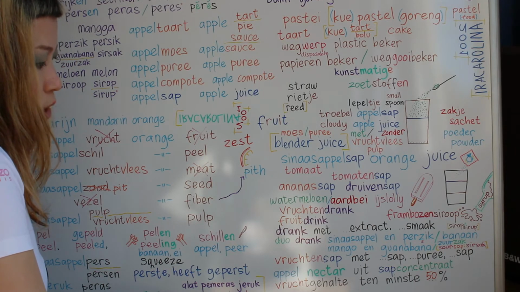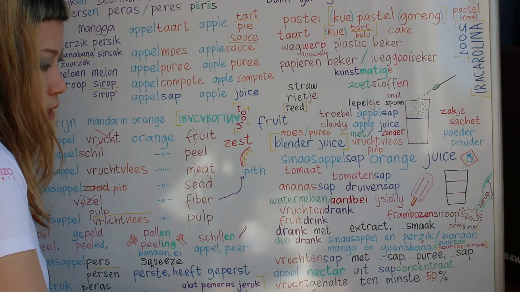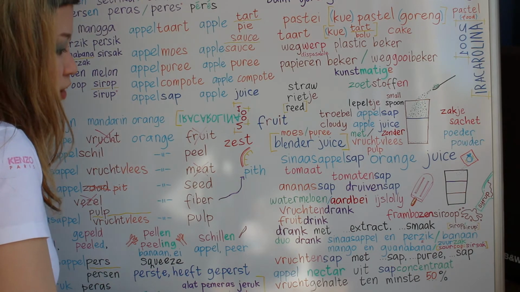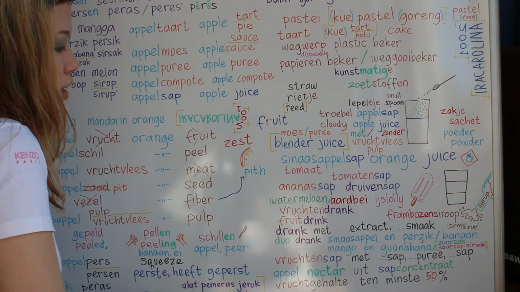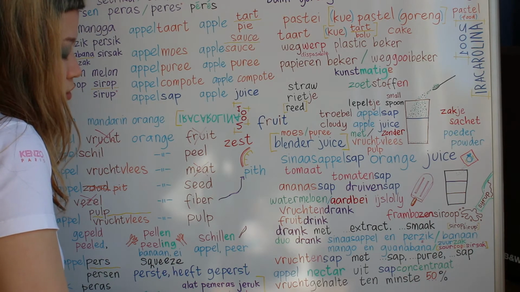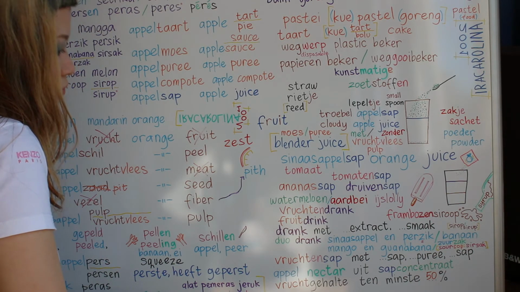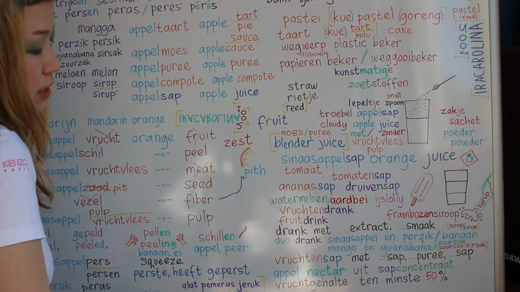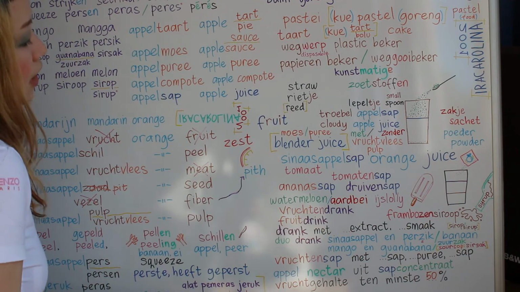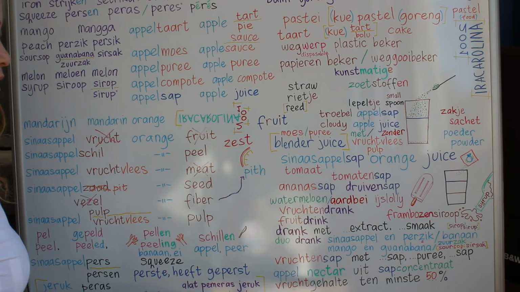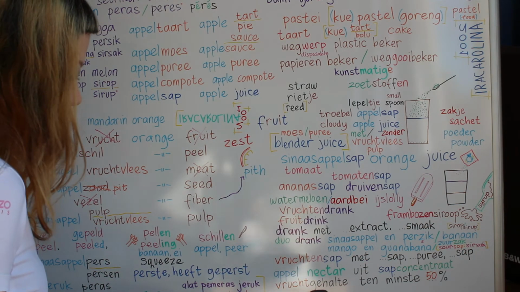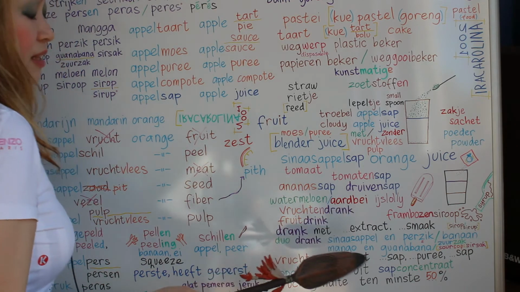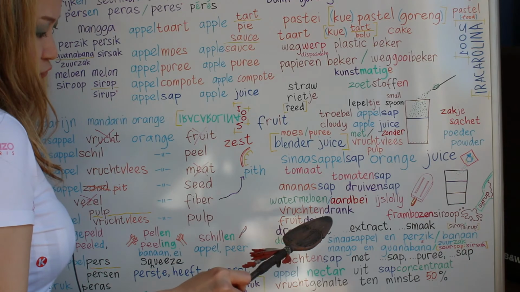You cannot put something as sap if it's not 100% fruit, made from fruit. Because if it's not 100%, you have to call it with other words, for example this one, drank is drink, so fruit drink.